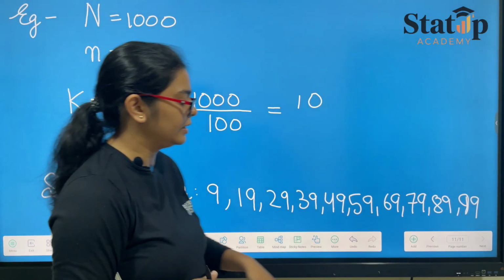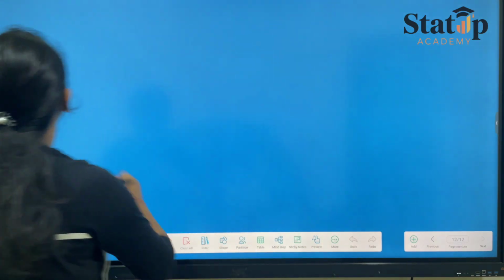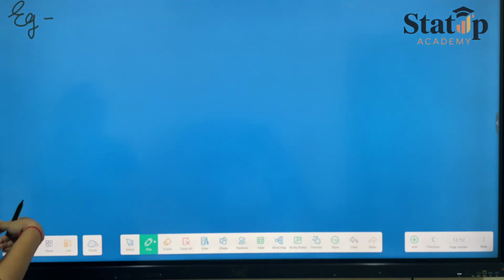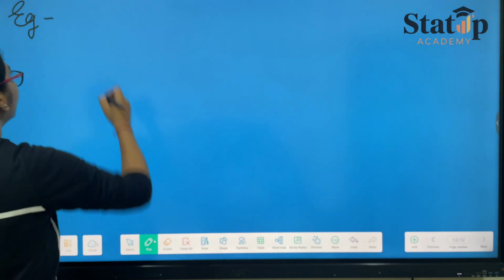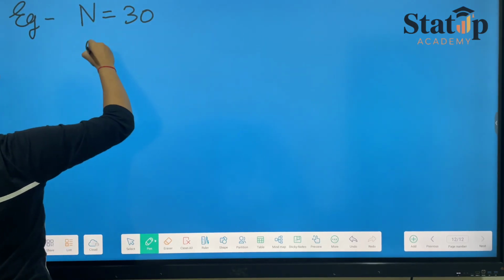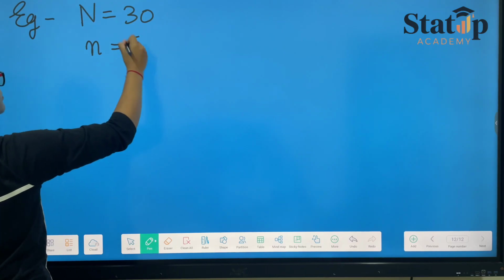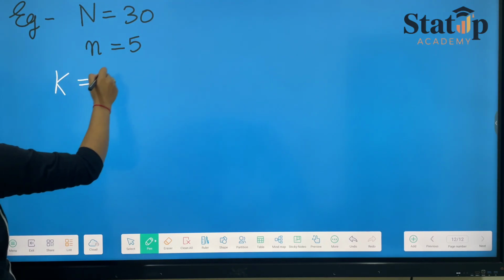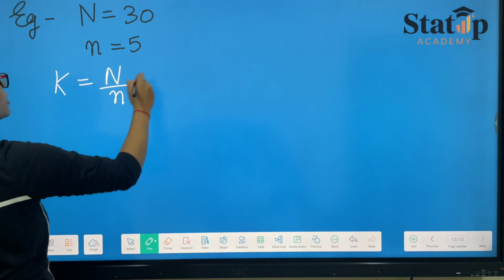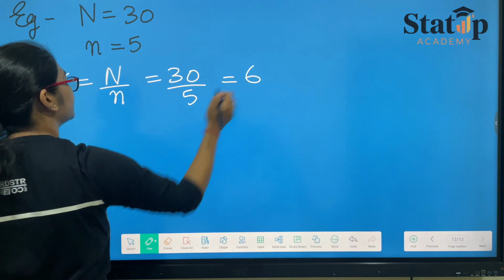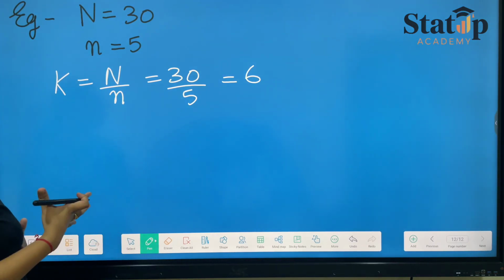Similarly, let us take another example where in our locality there are 30 households and we have to take a sample of 5 of them. So our sampling interval will be capital N upon small n, which is 30 upon 5, that is 6. We will choose the first number i randomly from 1 to 6.